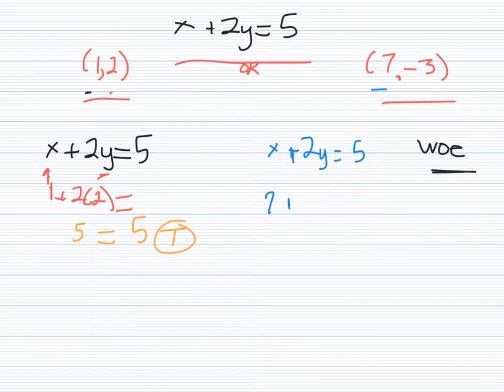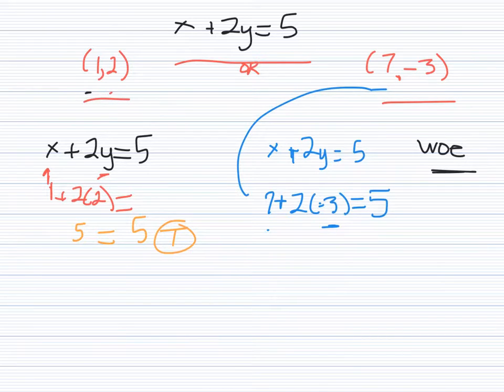So when I put the 7 over here and the negative 3 right here, I have 7 plus 2 times negative 3 equals 5.